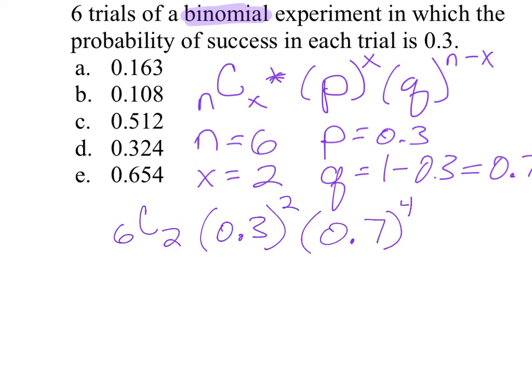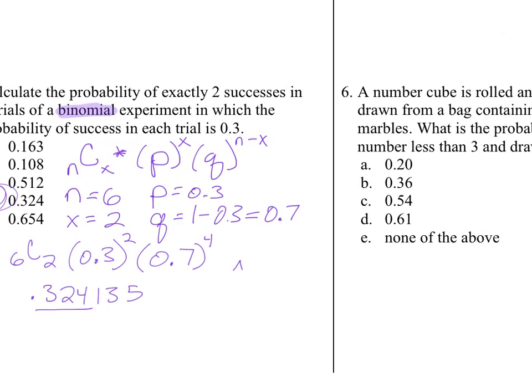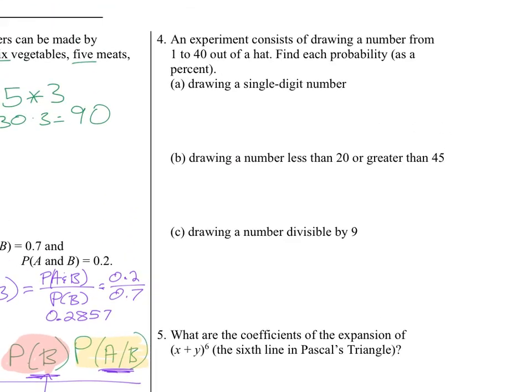When I say to the, I mean that little caret symbol, directly above the divide button. Okay, enter, and I get 0.324135. So my answer is 0.324. There we go. Okay, those are formulas you should have. You want to put those on your formula sheets.